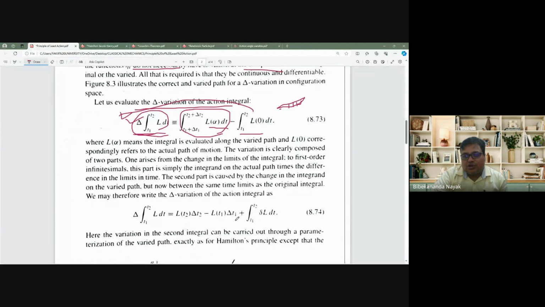So it will be L t delta t2 minus L delta t1, and this integration of delta L dt. Actually, for the actual path, delta L is equal to 0, no variation, so we can write it like this: delta L dt from t1 to t2.